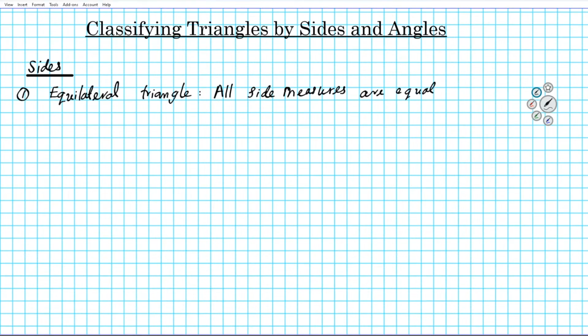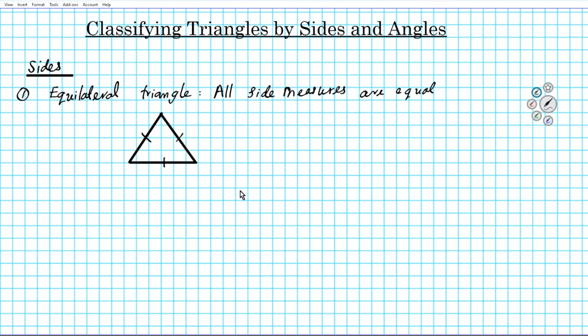So let's take a look at a visual representation of what equilateral triangles are. It's just a rough sketch. A triangular situation where all the sides are equal. How do you mark it? How do you show that it's an equilateral triangle? Just mark all three sides with the same number of tick marks. If you have something like this, that shows that you have one tick for each side.